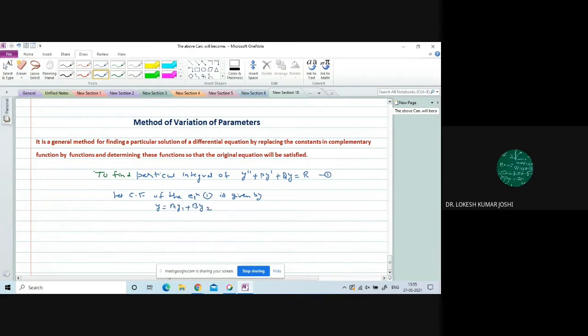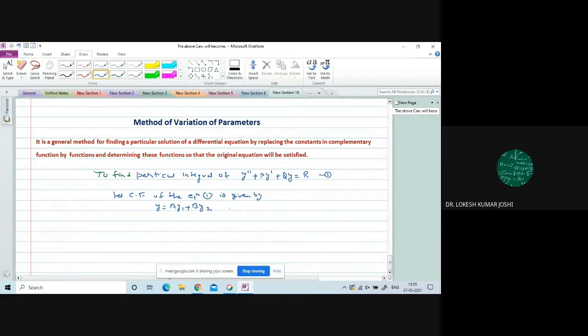We all know how can we find out complementary function. We just put this RHS equals to 0 and write its auxiliary equation. It will become m square plus pm plus q equals to 0. Then we solve the quadratic equation. We get two roots and the roots give the complementary function y equals to a y1 plus b y2.